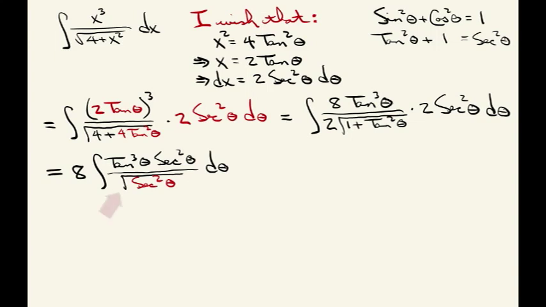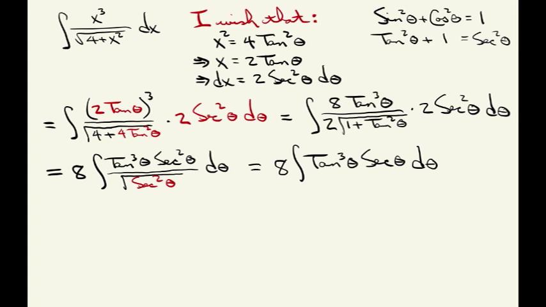Finally, since the square root of the square of secant theta is just secant theta, we can divide the secant squared theta in our numerator by the secant theta in our denominator and write our new integral as 8 times the integral of tan cubed theta secant theta d theta.